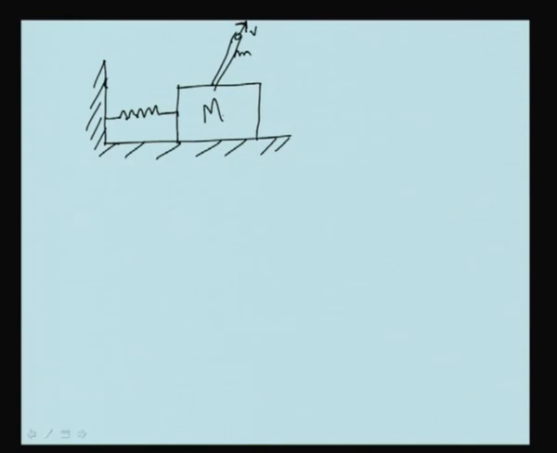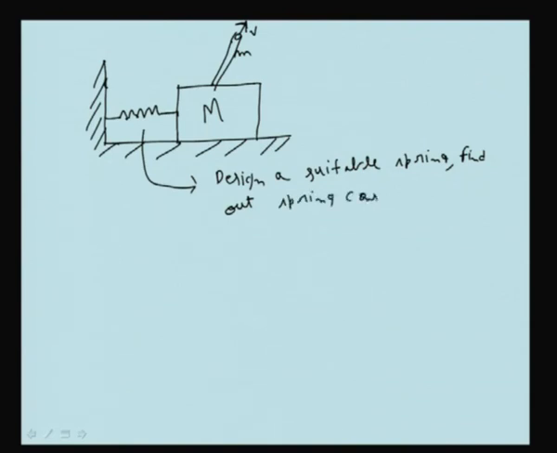Then you have to design a suitable spring, which means find out the spring constant, so that the maximum displacement, or deflection, is limited to delta.